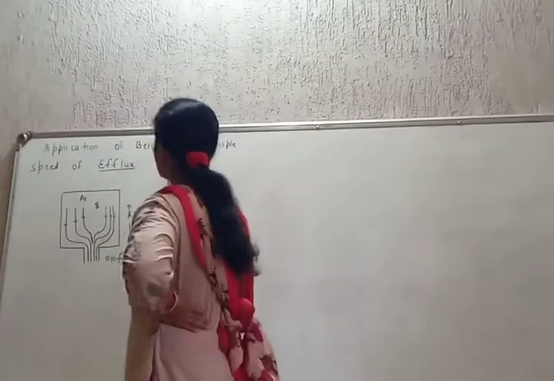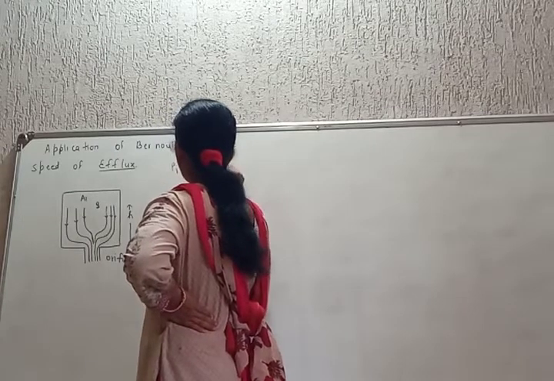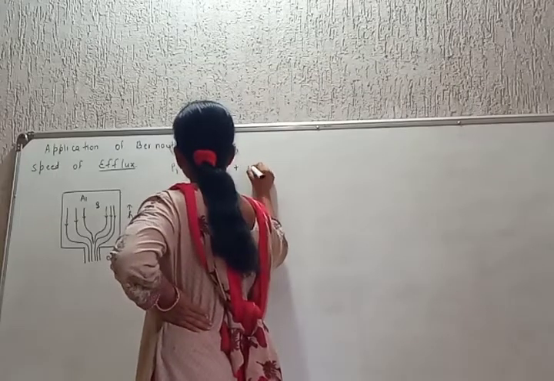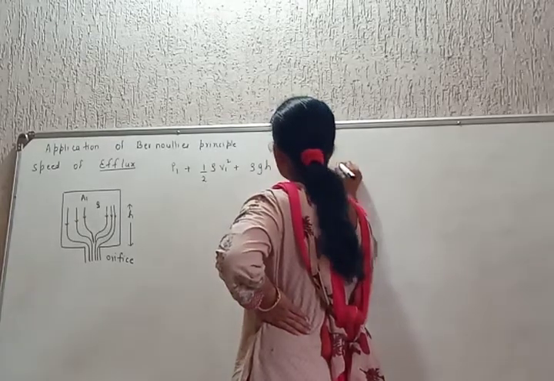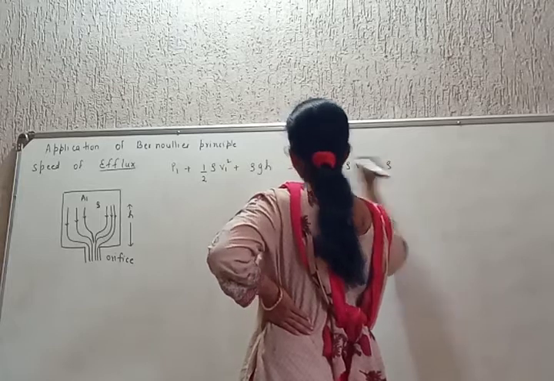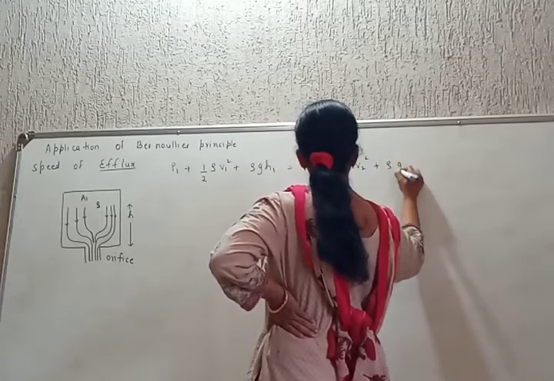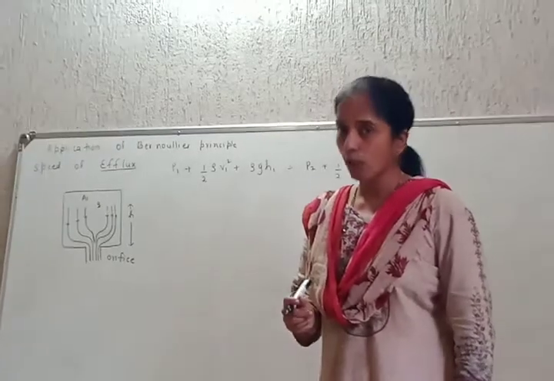What is Bernoulli's principle? P1 plus half rho V1 square plus rho g h1 is equal to P2 plus half rho V2 square plus rho g h2. This is your Bernoulli principle. The tank is open.